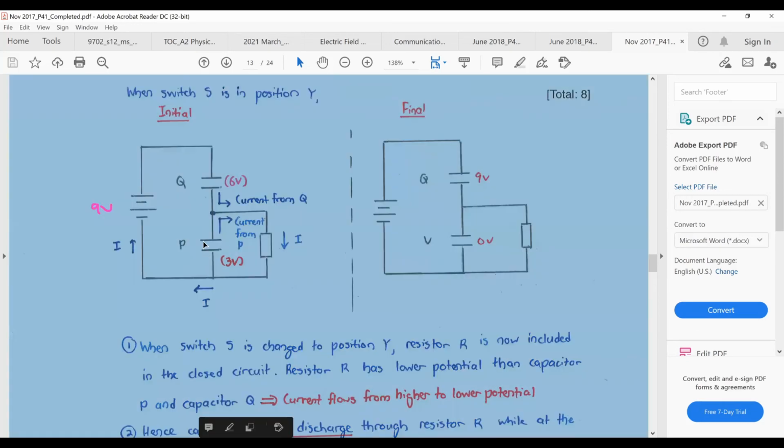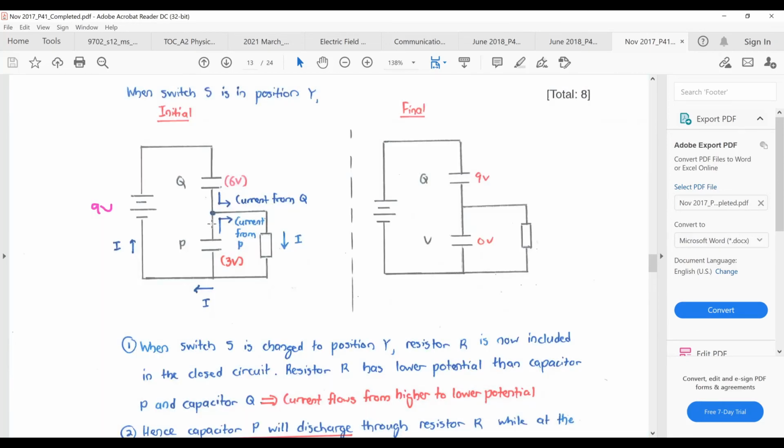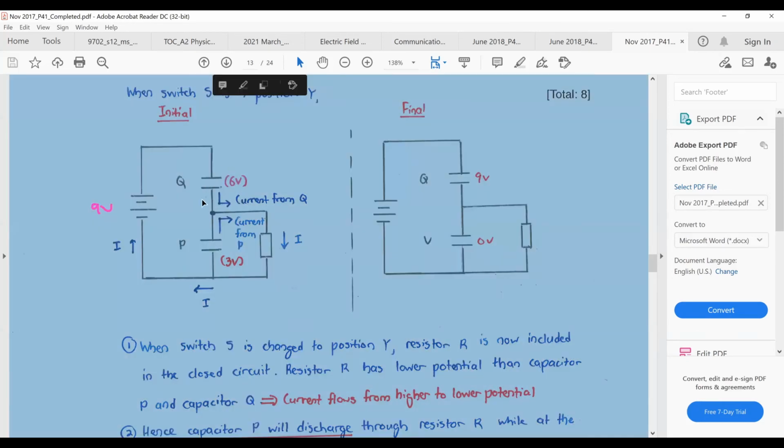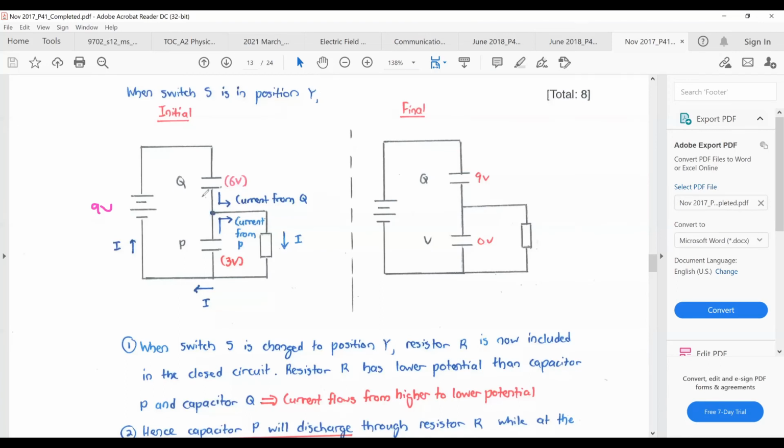So now here's the thing. Once you go to switch position Y, where you now have your resistor here, both of these capacitors, which were fully charged, will start to discharge through your resistor.